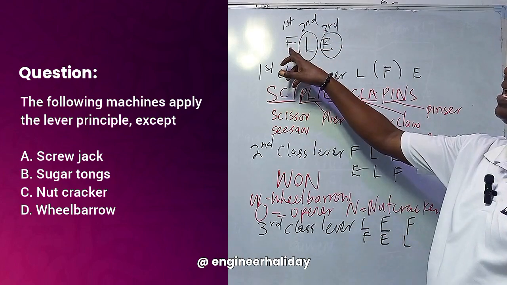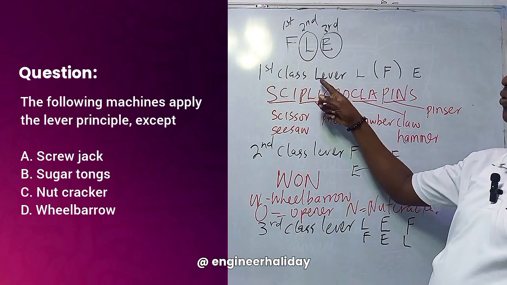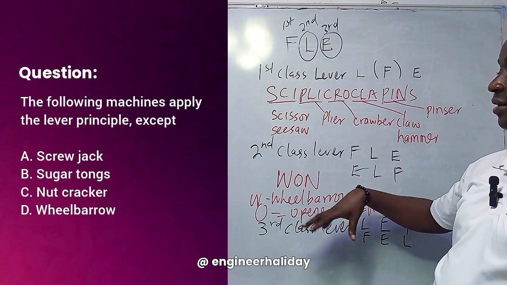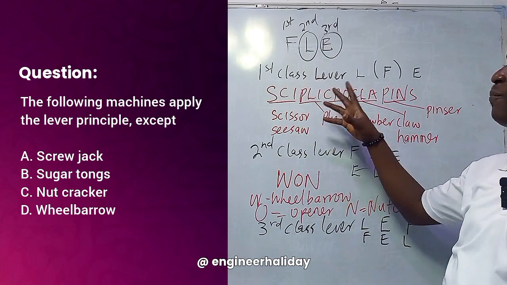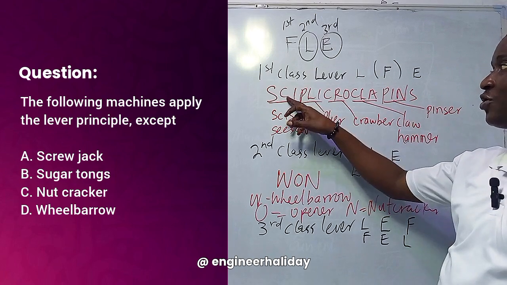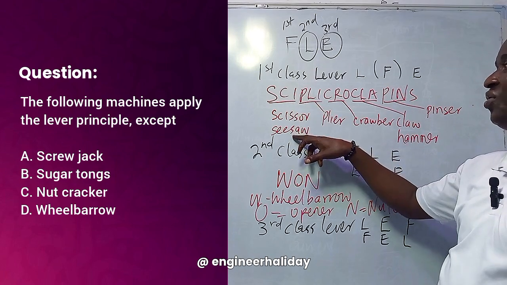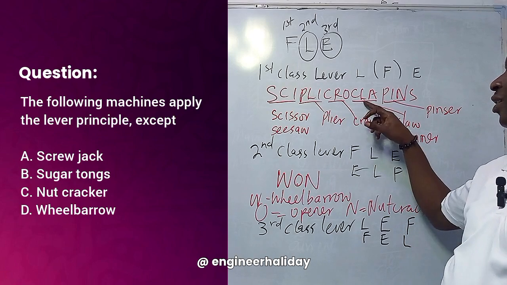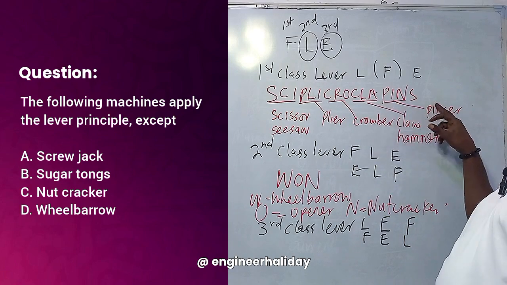So when fulcrum is between, first class; load between, second class; effort between, third class. Examples of first class: skimply clappings, seesaw, scissors, plier, crowbar, claw hammer, pincer.